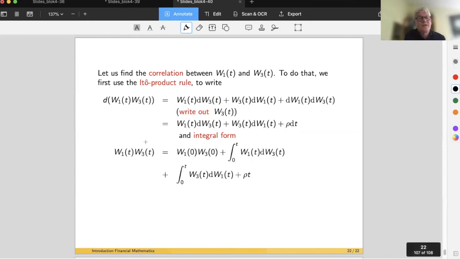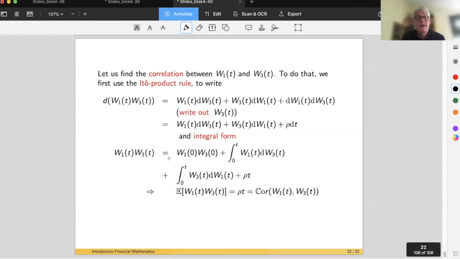And in integral form, this looks like this. W1_t W3_t is W1_0 W3_0 plus the integral from 0 to t of W1_t dW3_t plus the integral from 0 to t of W3_t dW1_t plus rho t. Now here we again recognize Ito integrals, martingales with mean 0. And therefore, taking the expectation on the left and right hand side, we find that the expectation of W1_t W3_t is rho t.